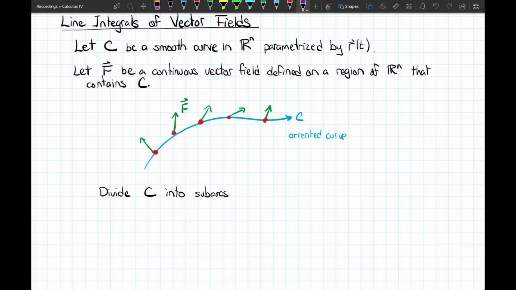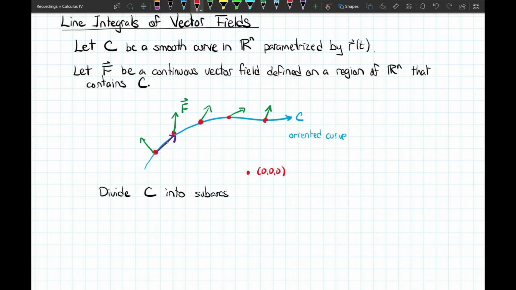They're not quite straight lines, but what if we were to represent each of these subarcs with a vector? Remember that we have our origin somewhere here, and every point on our curve is represented by r of t.